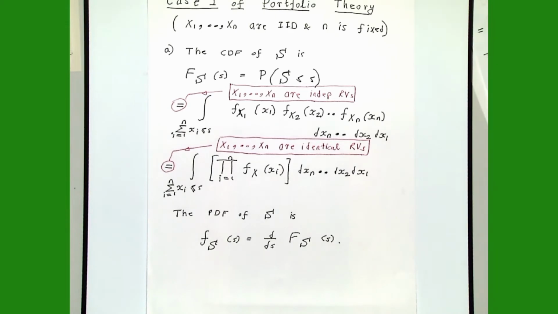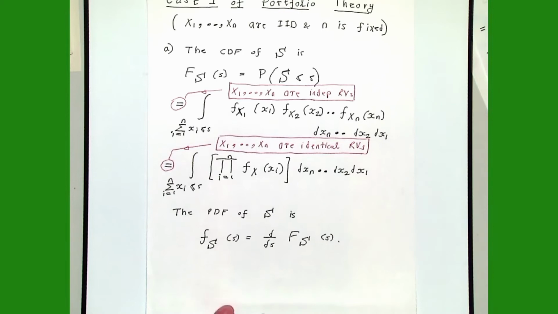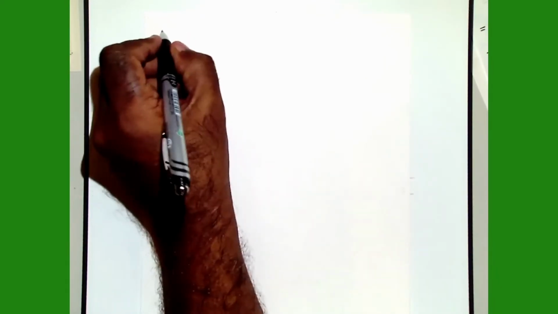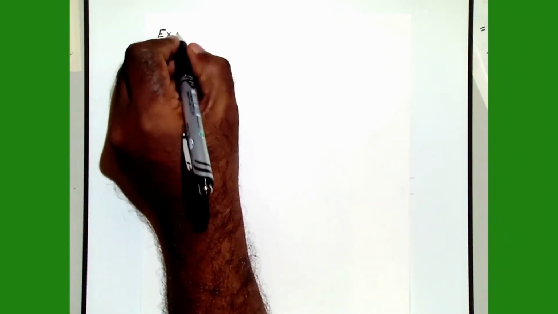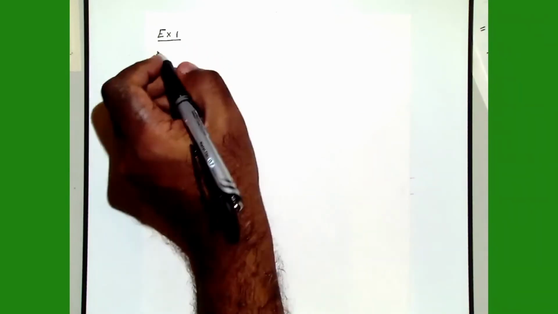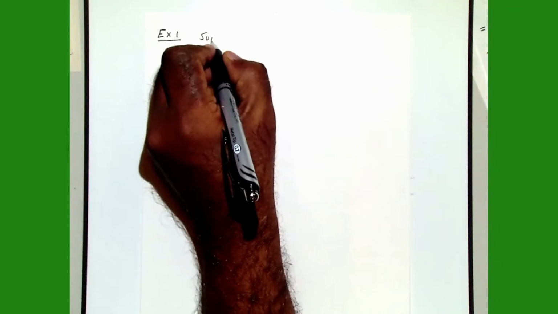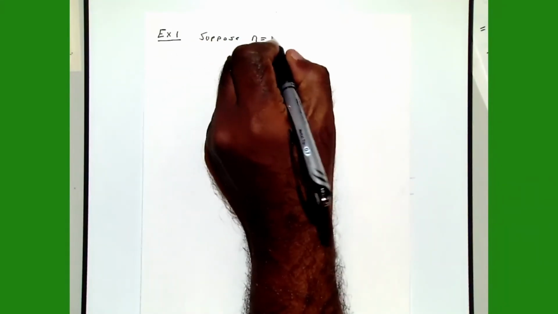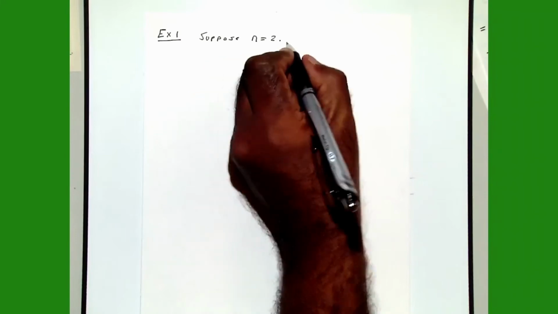Now let me do an example. Example 1. Now suppose you have two investments, right, n equal to 2.